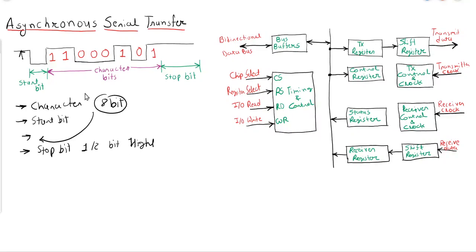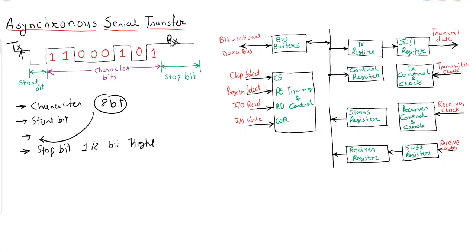Let's say this is the communication channel, this is the transmitter, or sender, and this is the receiver. The sender will make the value of the channel 0 for 1 bit, and then it will send 8 bits of data. After the 8 bits of data, the sender will again put the communication channel to high.